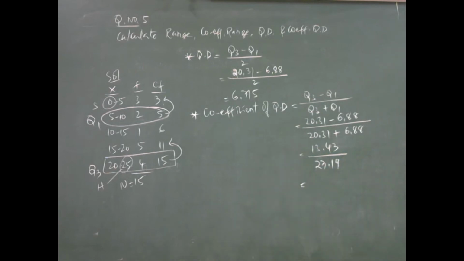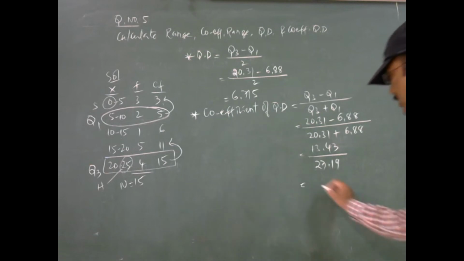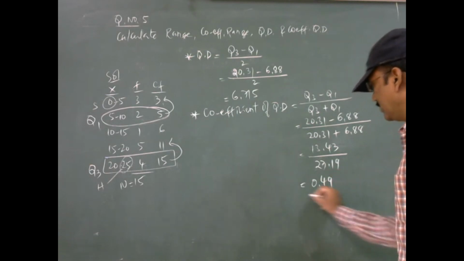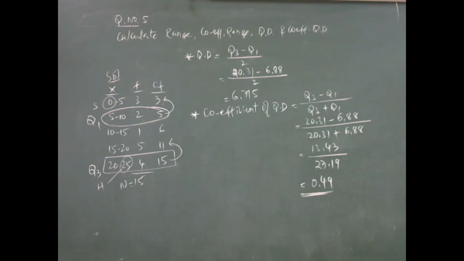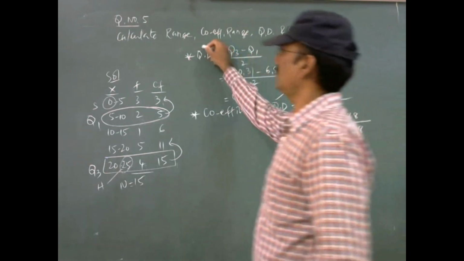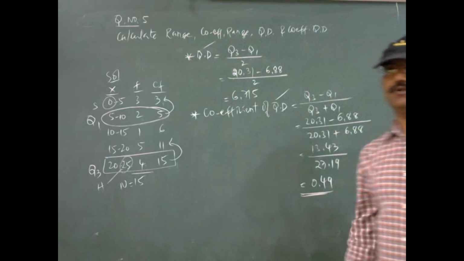Now divide that number by this number. So 13.43 divided by 27.19. The answer is 0.49. So 0.49 is the value of the coefficient of quartile deviation. Clear? So this is the quartile deviation, and this is the coefficient of quartile deviation.